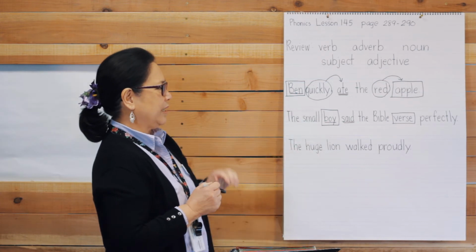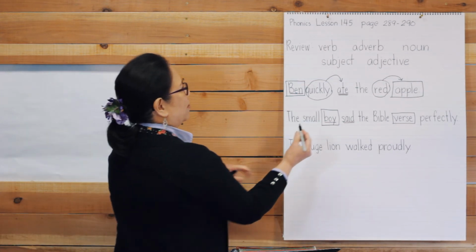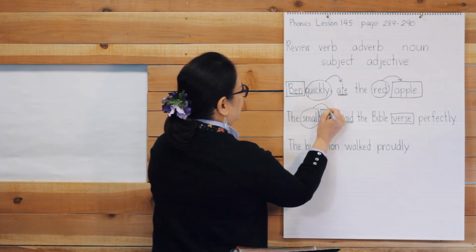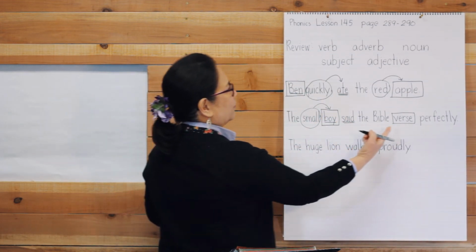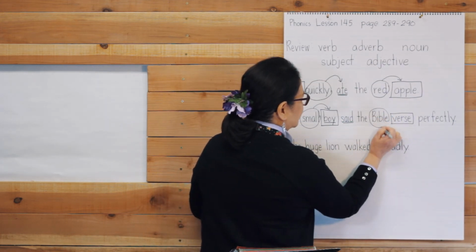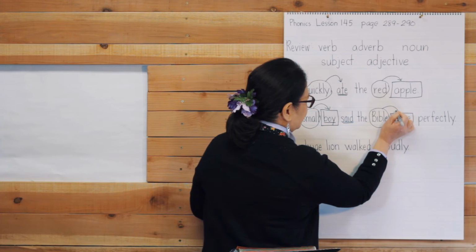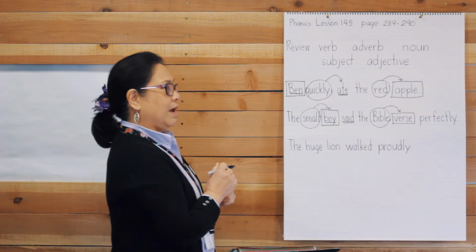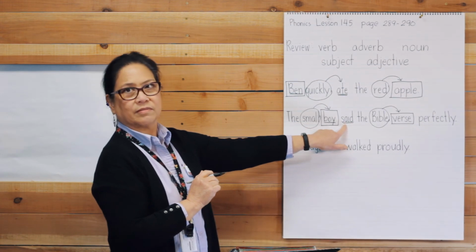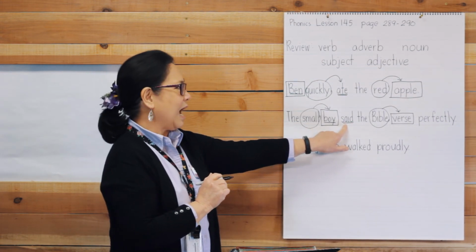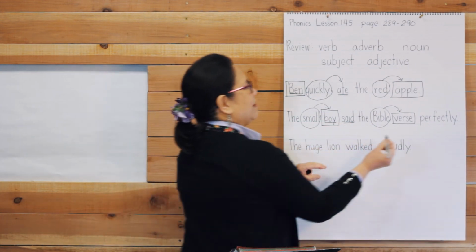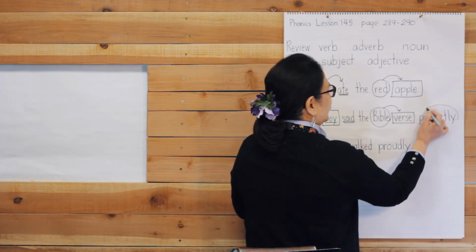What kind of boy is it? It's a small boy. What kind of verse is it? It's a Bible verse. Now we're going to look for adverbs for the verb. How did he say the Bible verse? He said it perfectly.